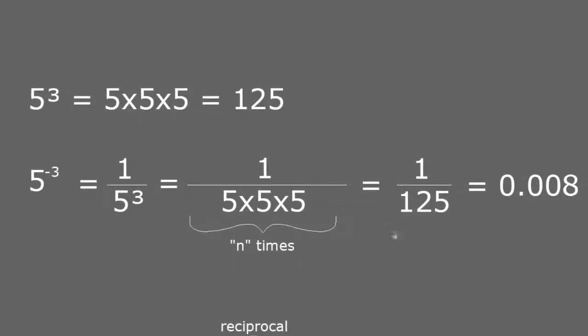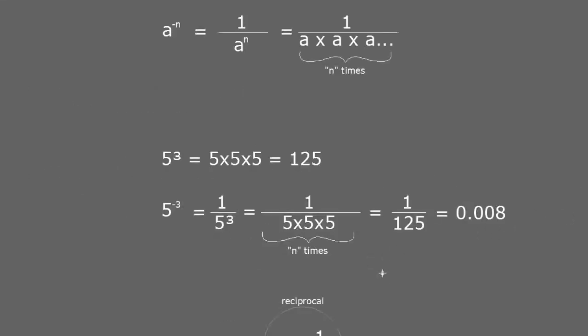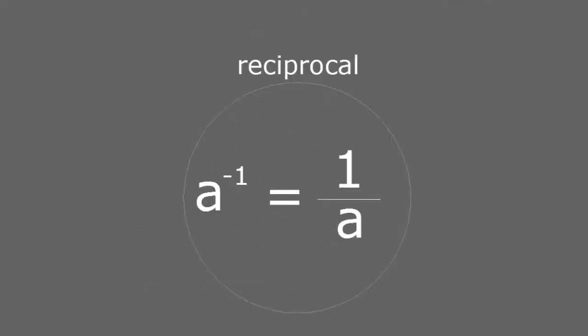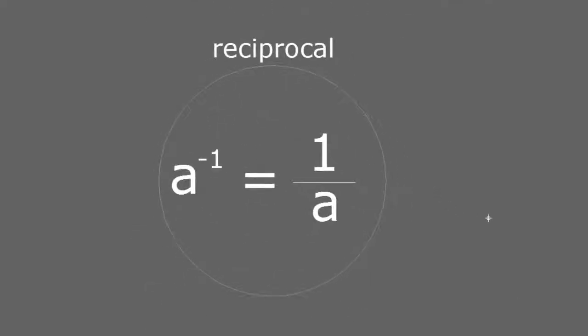So 1 divided by 125 becomes 0.008. So as you can see, 5 cubed is 125, and 5 raised to the power of negative 3 is 1 divided by 125, which is a very, very small number compared to 125. It equals 0.008.